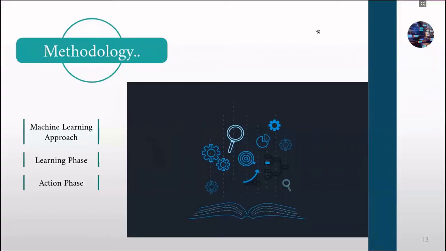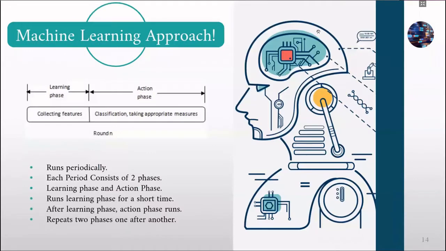Now we will see the methodology of our learning based approach. Our system runs periodically, consisting of two phases in each period, and these are the learning and action phases. The learning phase running for a short time is followed by an action phase running for longer than the time of the learning phase.